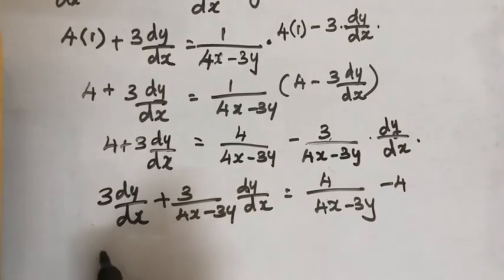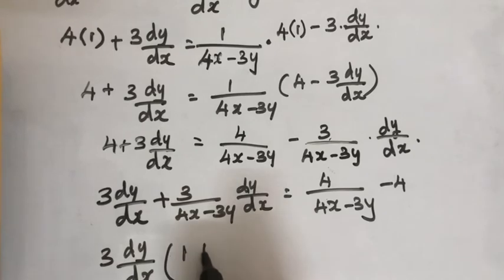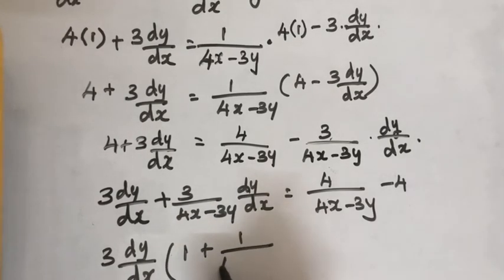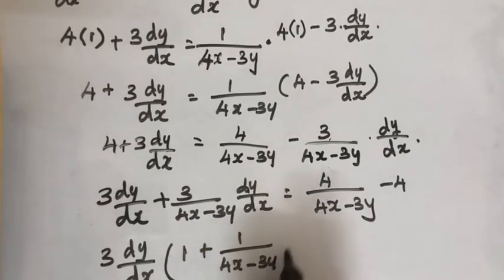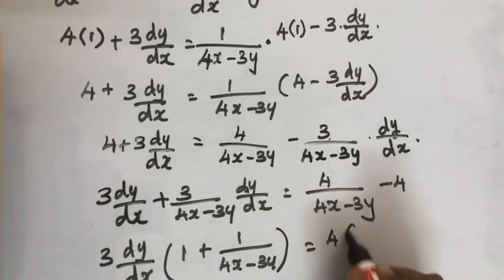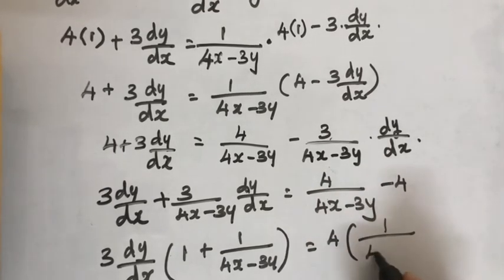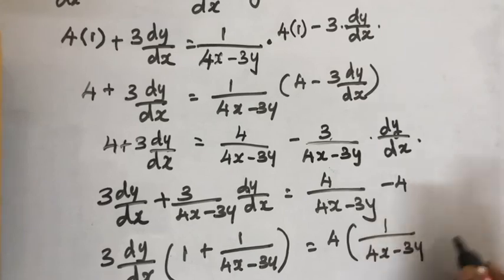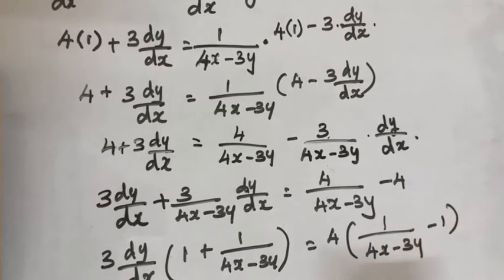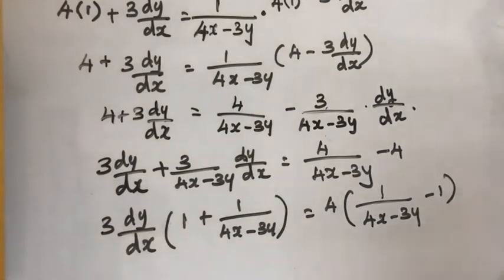I can take 3 dy by dx as common. So it is 1 plus 1 divided by (4x minus 3y). Here I can take 4 common. So 1 by (4x minus 3y) minus 1. We can take it as LCM.